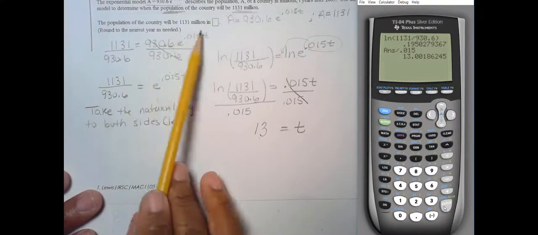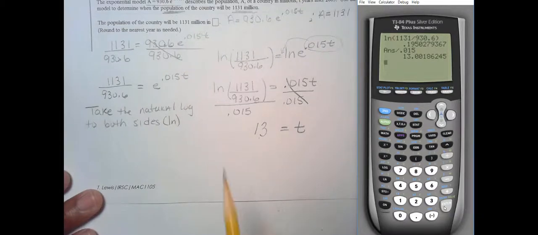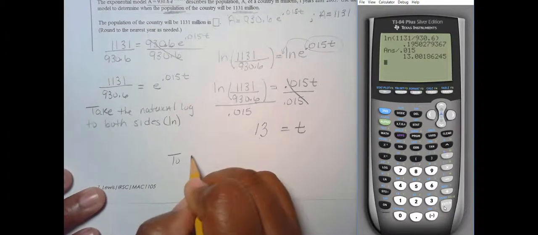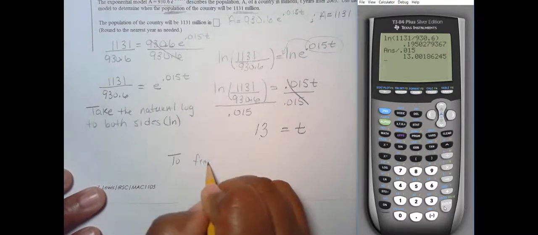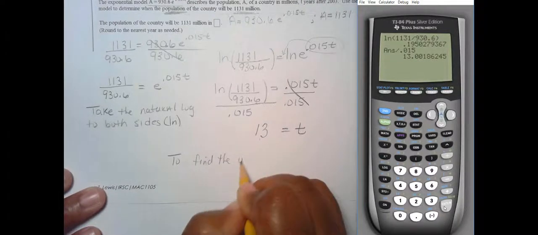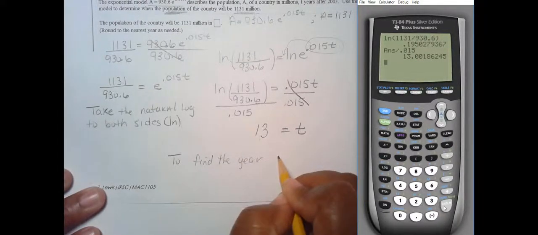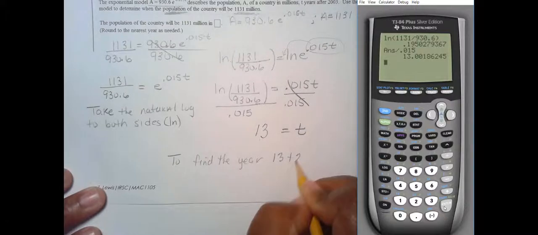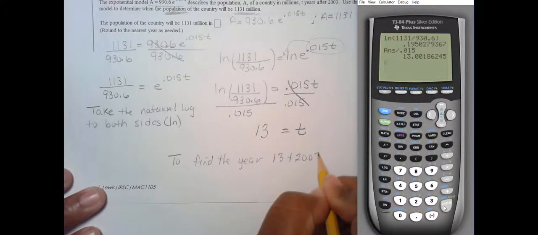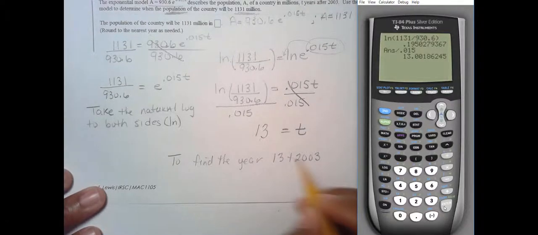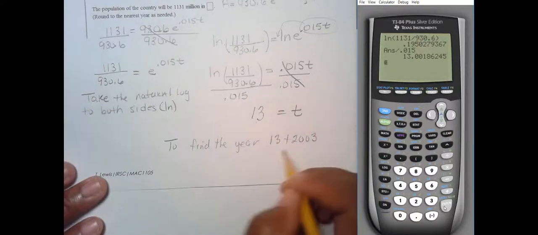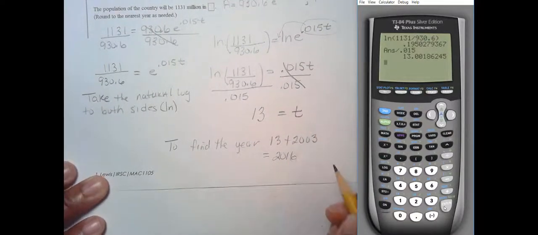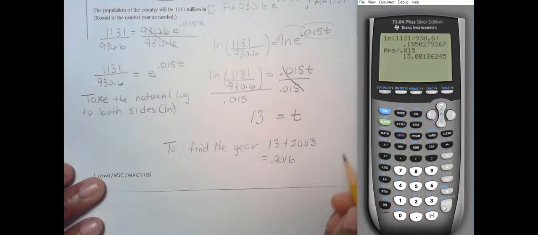To find the year, we add 13 to 2003, and that year is 2016. And there we go.